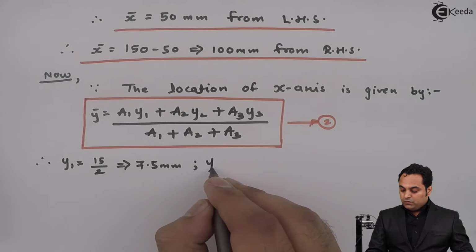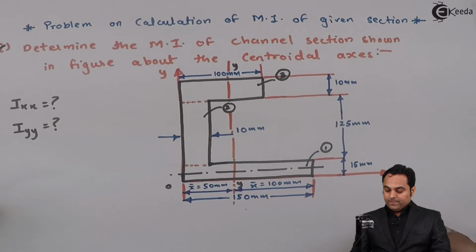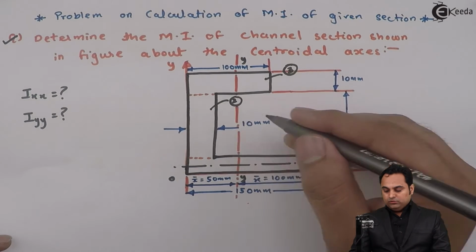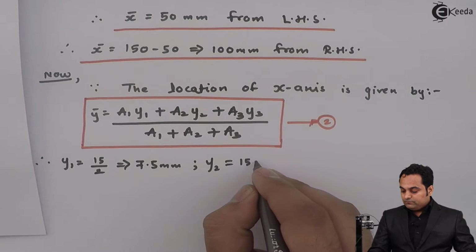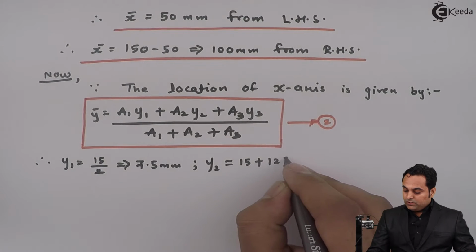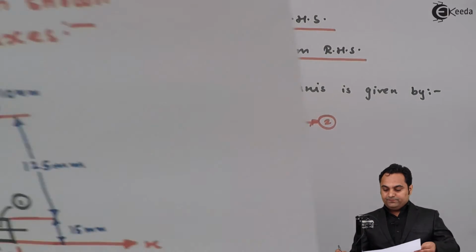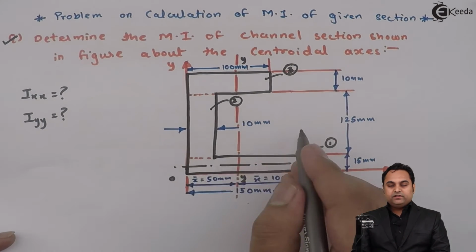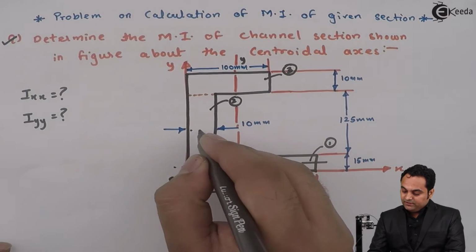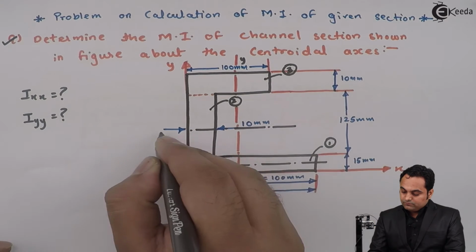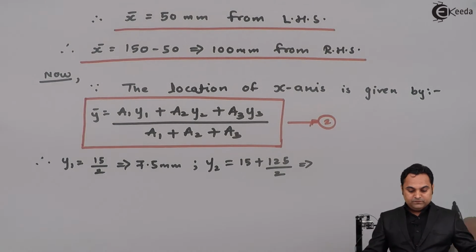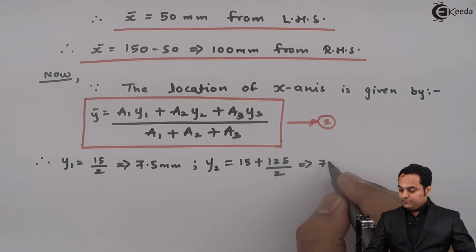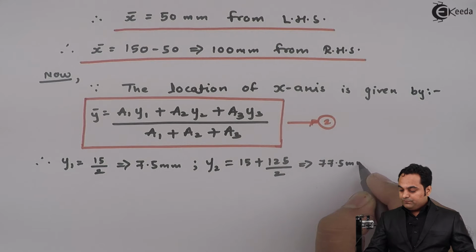Next, the y2 value will be, since we have rectangle 2 after 15 mm, 15 plus half of 125, where we would have the x-axis for the second rectangle. So this value of y2 comes out to be 77.5 mm.